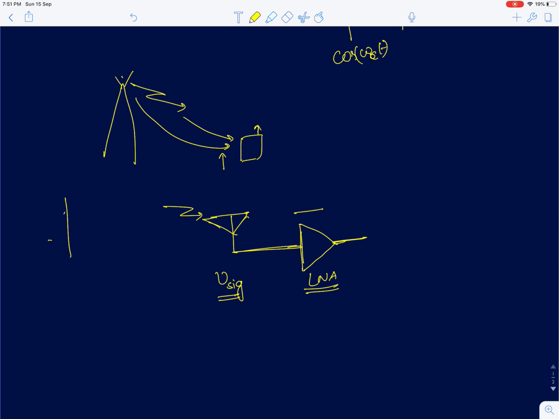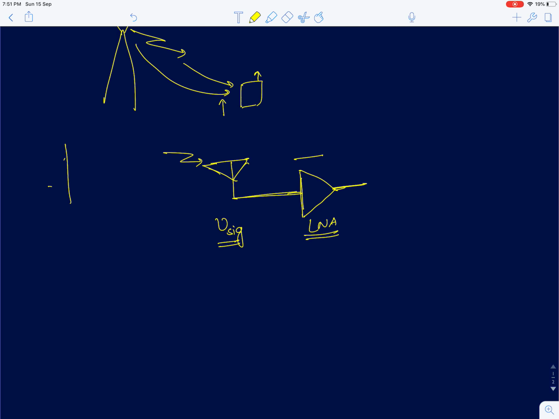So you need to amplify the signal. At the same time, the noise added has to be very small because the signal level itself is very small, and it should also amplify the signal. So these are the two tasks.